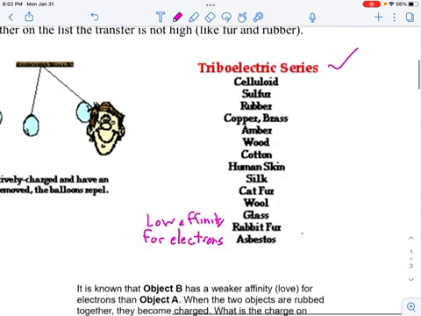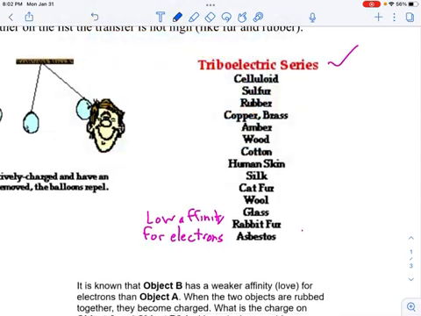Means they don't want to hang on to them. So they will easily let them go. Materials like rabbit fur, which is what we use, asbestos, even glass and wool, things like that.